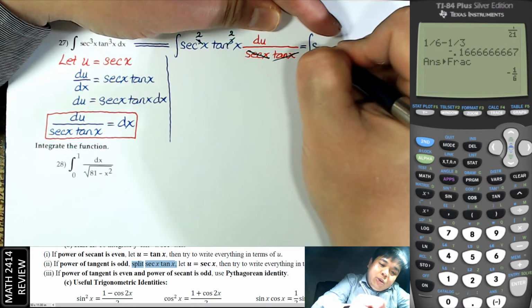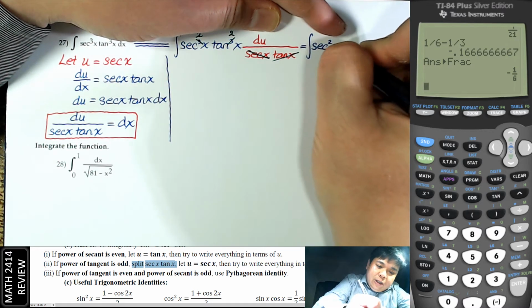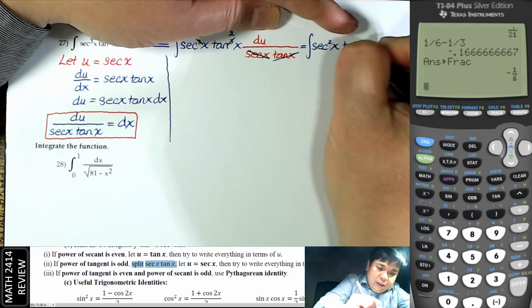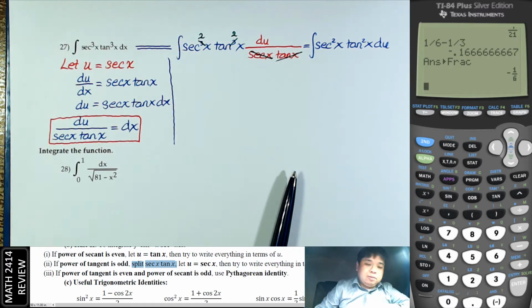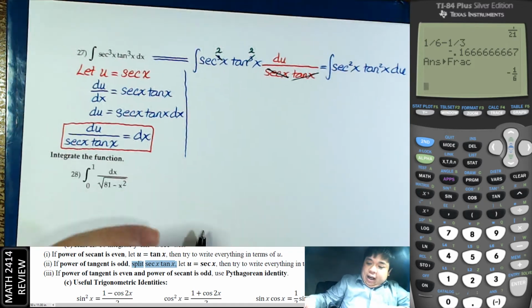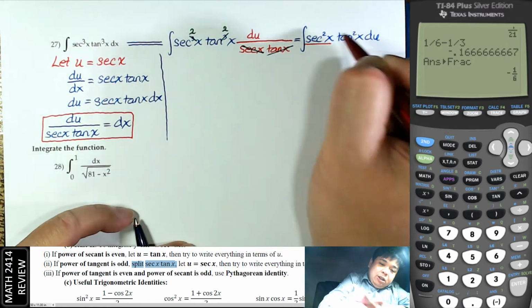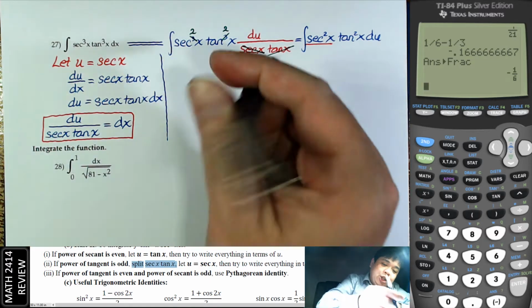So we have secant square, tangent square, du. Right, only then can we substitute into secant square. Here is the u.